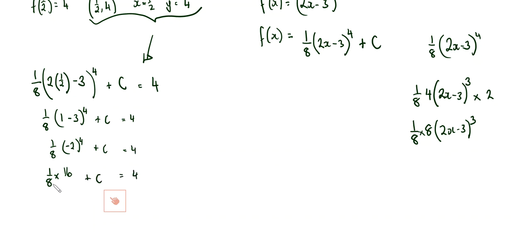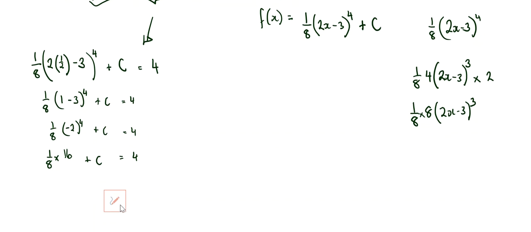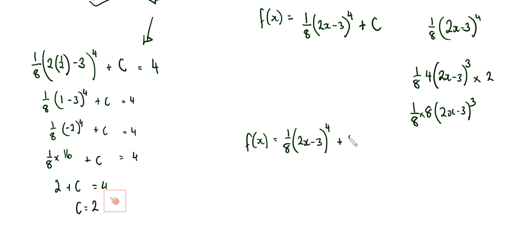So then I've got 1/8 of 16, which is 2. So 2 plus c equals 4. So I know c must equal just 2. So we now know that f of x is 1/8 of (2x minus 3) to the power of 4 plus 2.